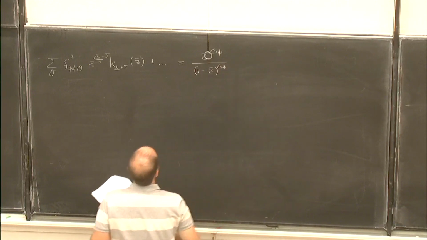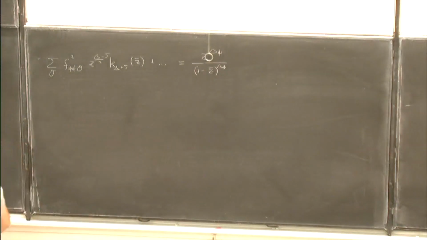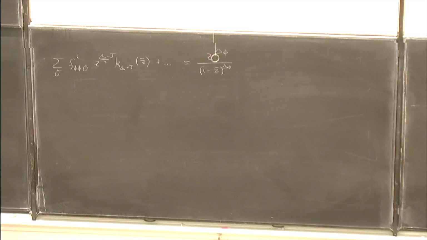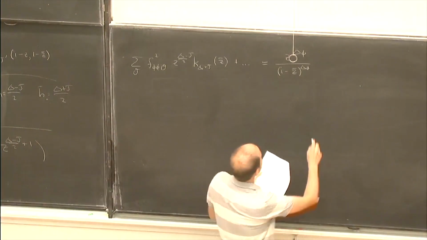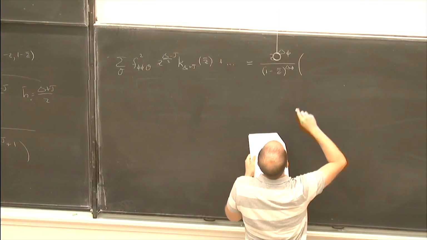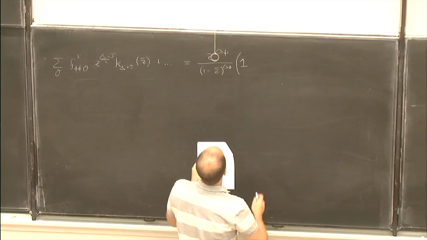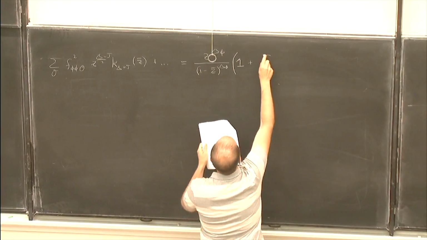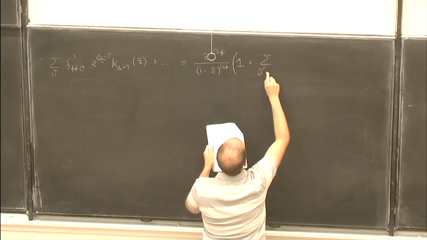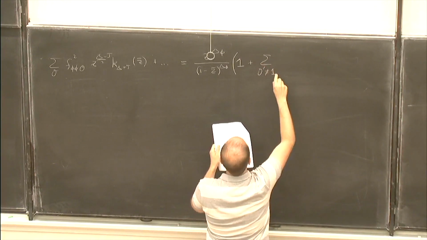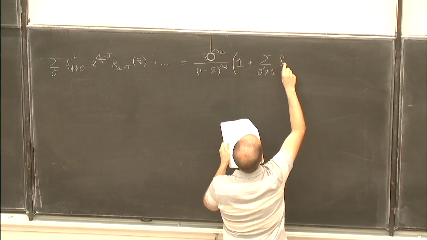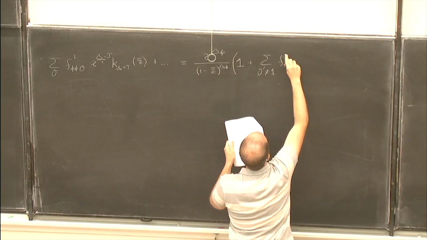Now, because I'm taking this limit where z bar goes to 1 and z goes to 0, this factor simplifies a little bit. And the other thing I'm going to do on the right-hand side is pull out the leading term, which is the contribution of the unit operator. So the sum on the right-hand side will be over O prime not equal to the unit operator of these simplified Lightcone conformal blocks.